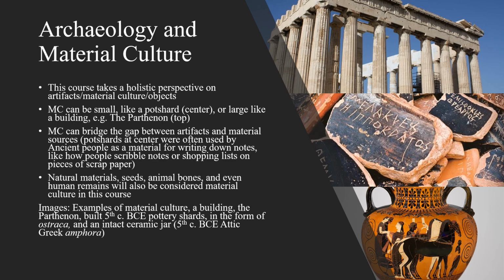Material culture and material objects can often bridge the gap between artifacts and written sources. For example, potsherds often had written inscriptions, being used by ancient people as a material for writing down notes, similar to how people scribble notes and shopping lists on scrap pieces of paper today.